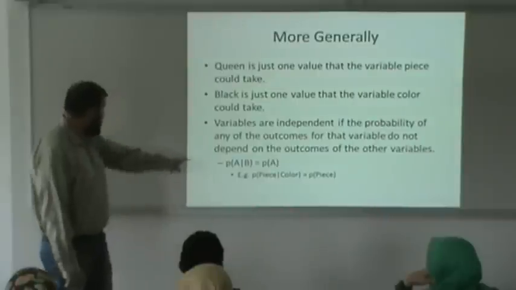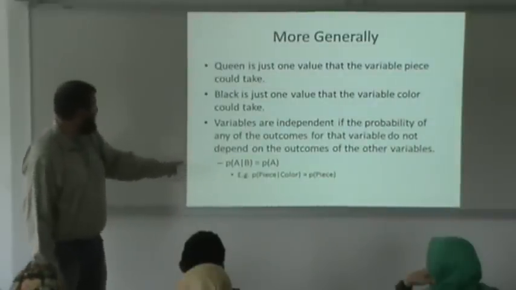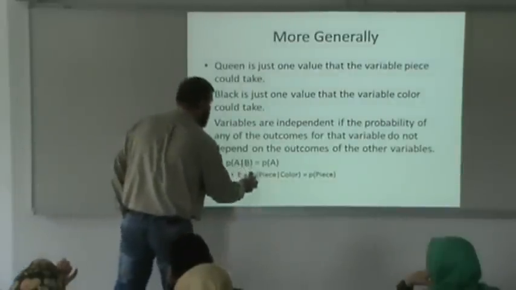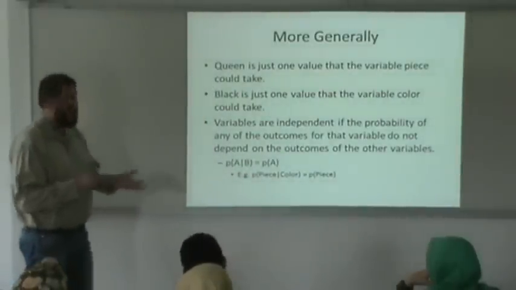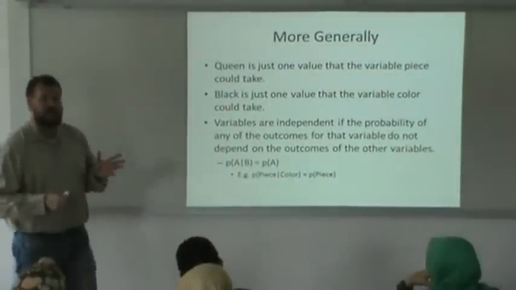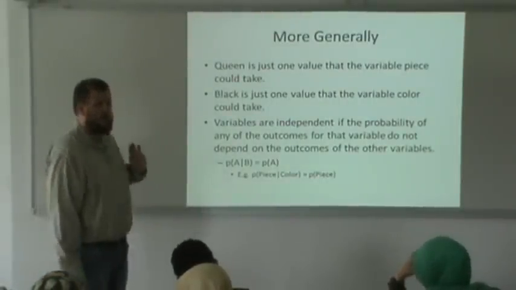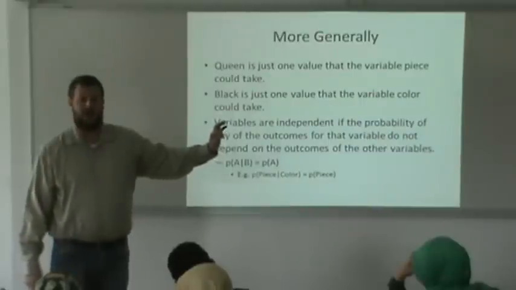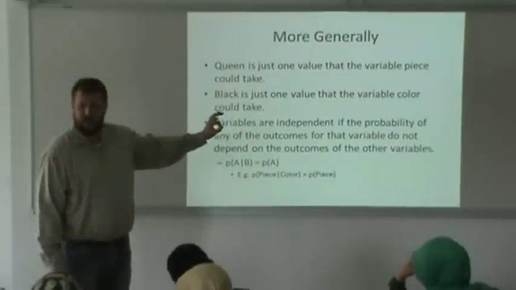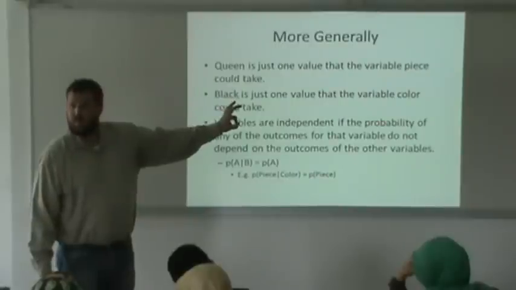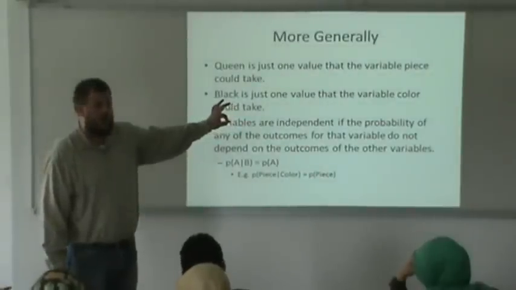So, if the probability of A given B equals the probability of A, in this example we might say the probability of picking some piece given a color is the same as the probability for that piece, then those variables are independent of one another. And for the case of chess, are they independent or not? They are independent.